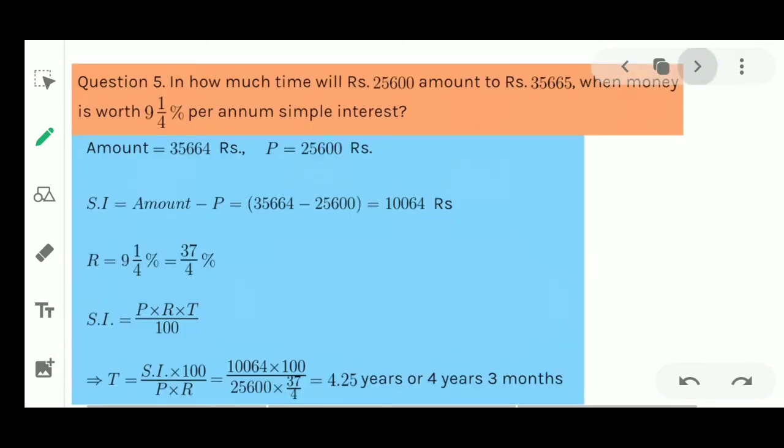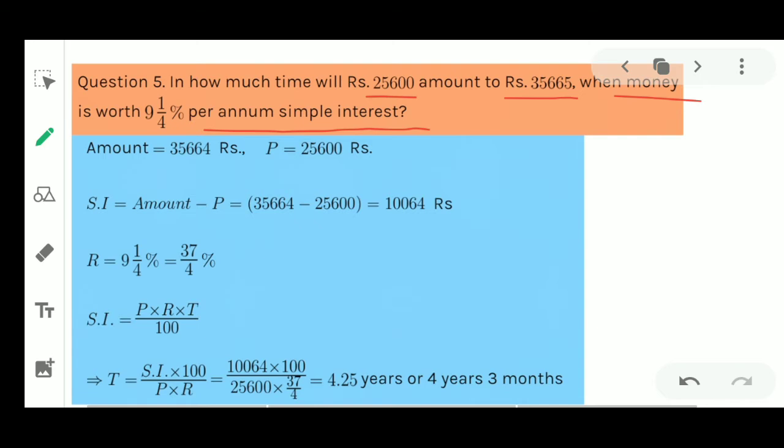Next, question number 5. In how much time will 25,600 rupees amount to rupees 35,664 when money is worth 9 whole 1 by 4% per annum simple interest.